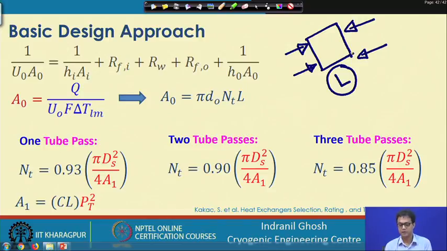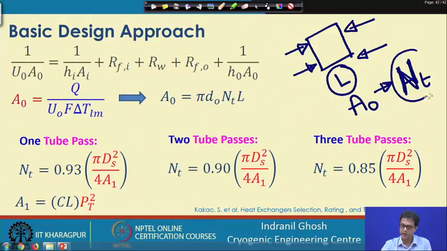Then from this estimate of the heat transfer surface area, we try to figure out the actual number of tubes, NT.